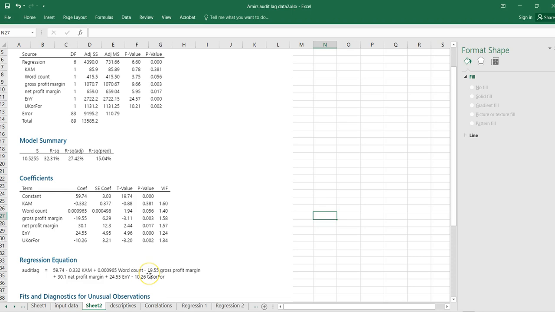Whereas some of these other numbers, say the KAMs, 0.332, that's a much bigger coefficient. That could equally be 0. The fact that it's a bigger slope isn't significant because the error or standard deviation around that value is very wide.